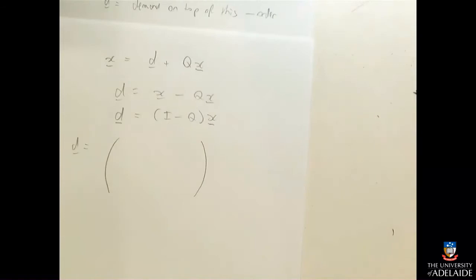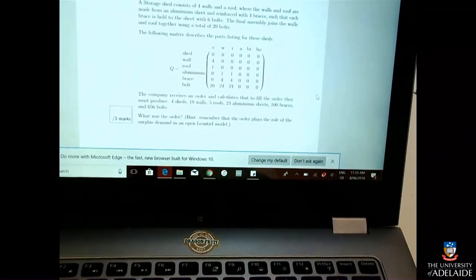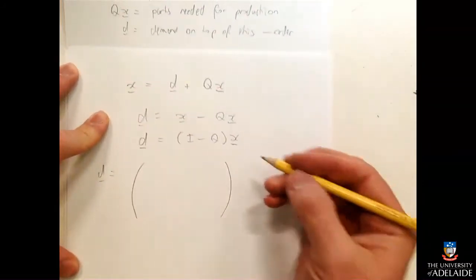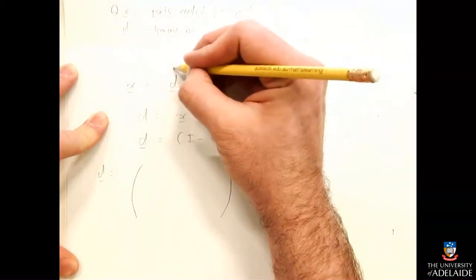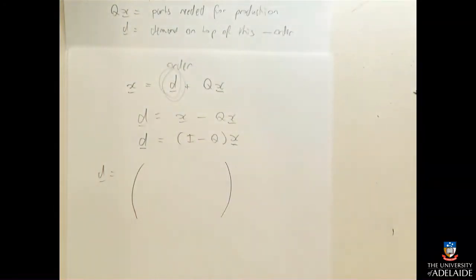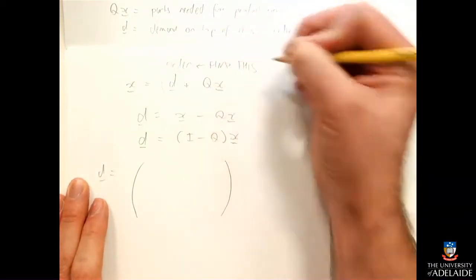And it says here, hint, remember that the order plays the role of the surplus demand in an open Leontief model. I didn't even notice that hint before. So we've been asked to find the order, and we don't know what that is. That's what we've been asked to find. Okay, cool.